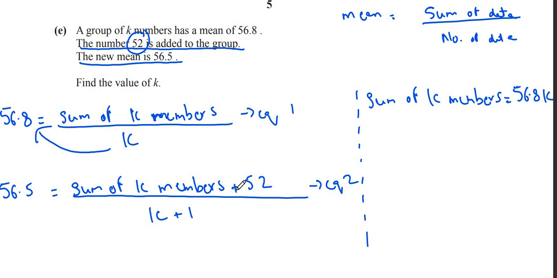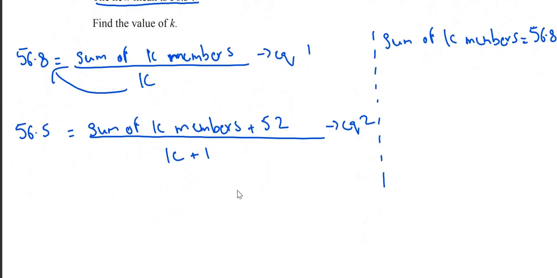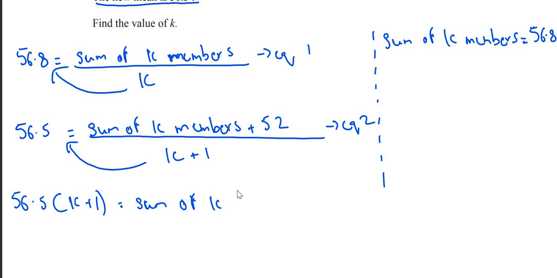For the second equation, k plus 1 will go up there and multiply, so 56.5 bracket k plus 1 is equals to sum of k members plus 52.